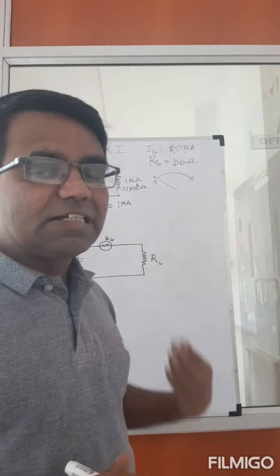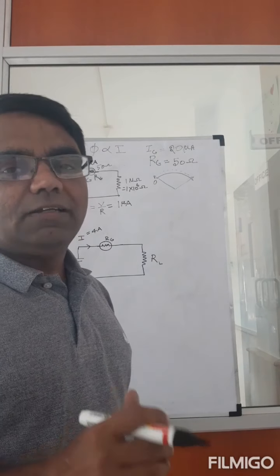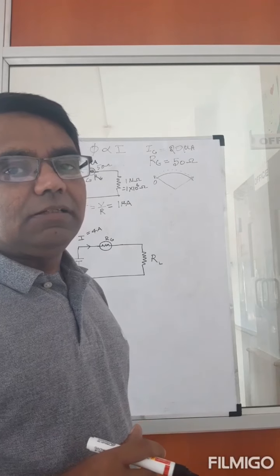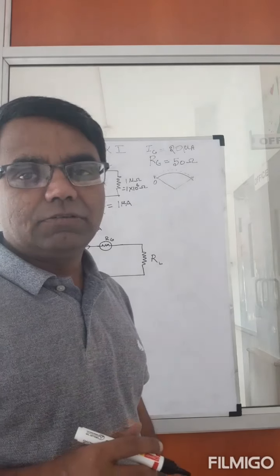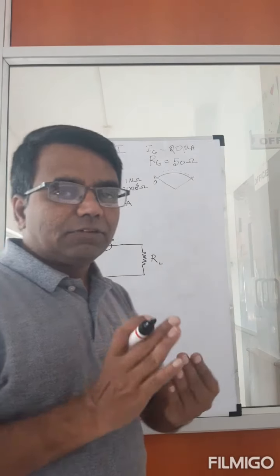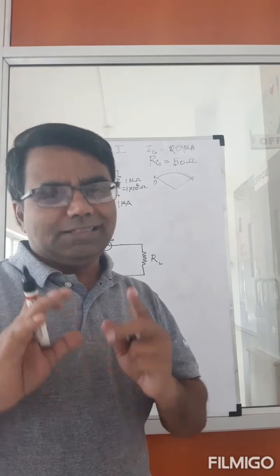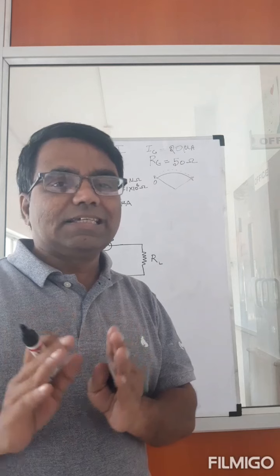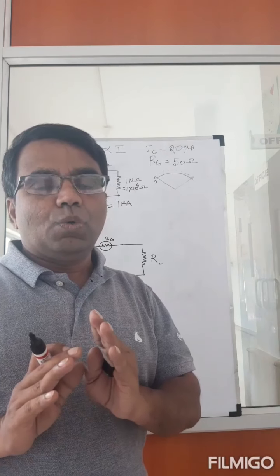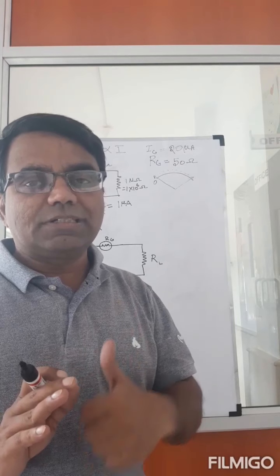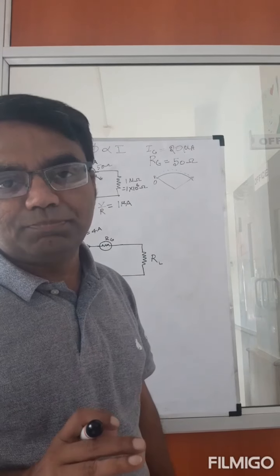I need to provide an alternative path for the total current. And if the current which flows through the galvanometer is somehow related to the total current in the circuit, then I'll be able to decide what the total current is if I know the current in the galvanometer.